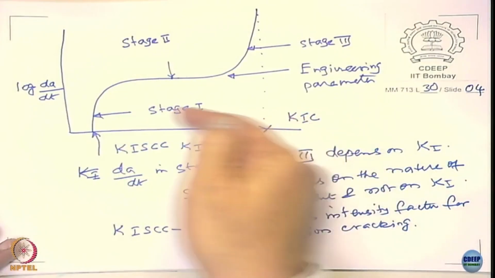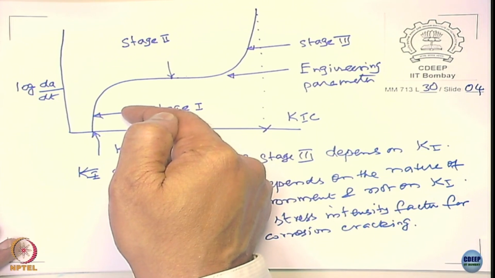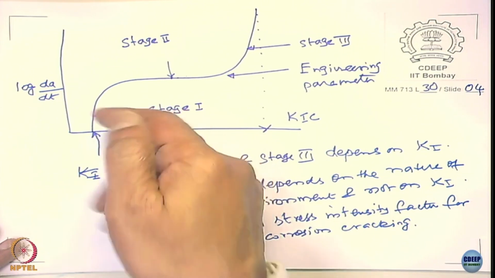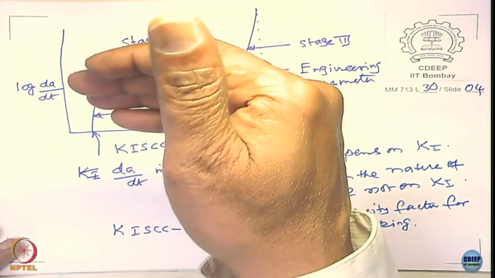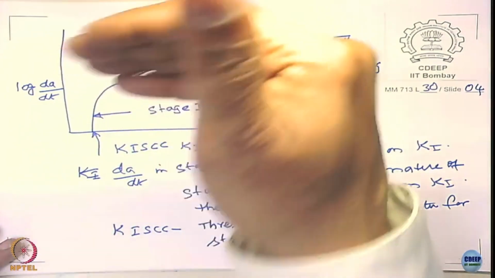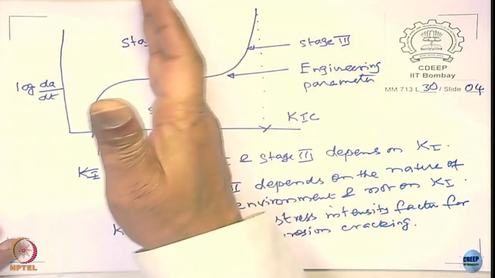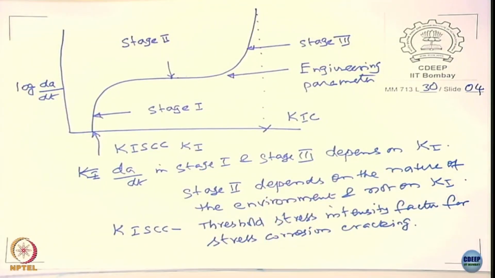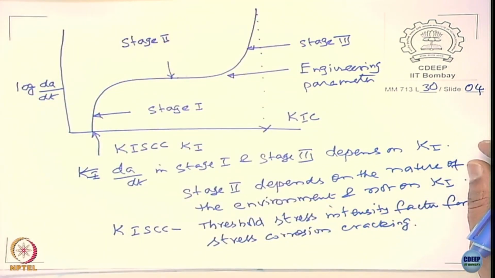Decreasing, right? So if you move over like this, the driving force for the crack to grow is decreasing. But what keeps it up? The environment keeps it up. The environment is making the crack grow. If there is no environment, the crack is not supposed to grow at all. So that is the meaning of this particular plot.